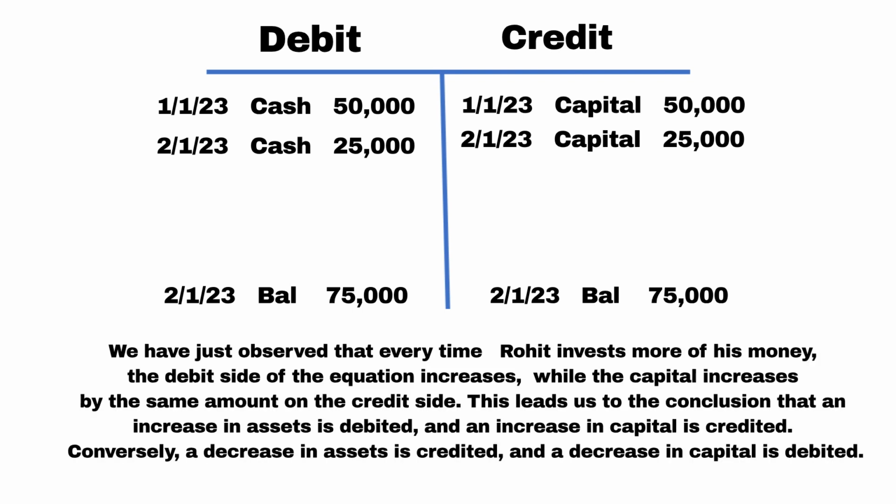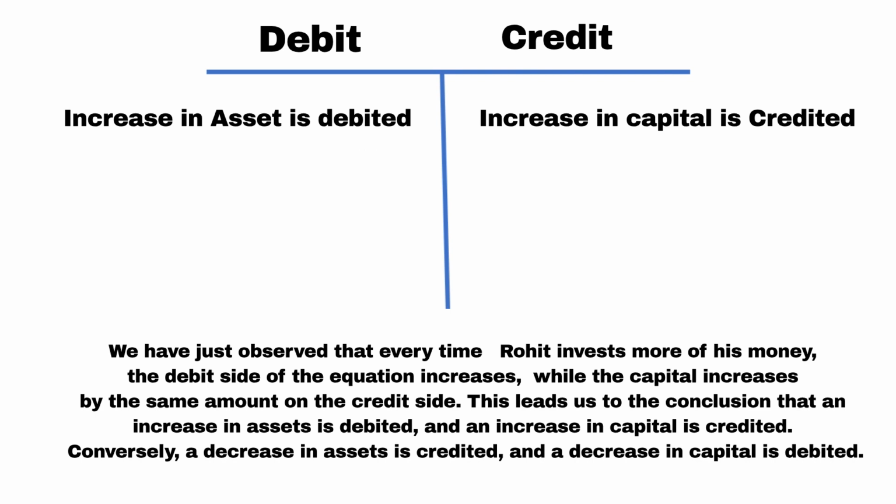We have just observed that every time Rohit invests more of his money, the debit side of the equation increases, while the capital increases by the same amount on the credit side. This leads us to the conclusion that an increase in assets is debited, and an increase in capital is credited. Conversely, a decrease in assets is credited, and a decrease in capital is debited.